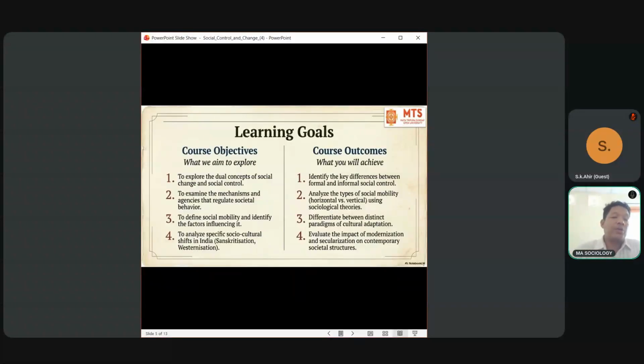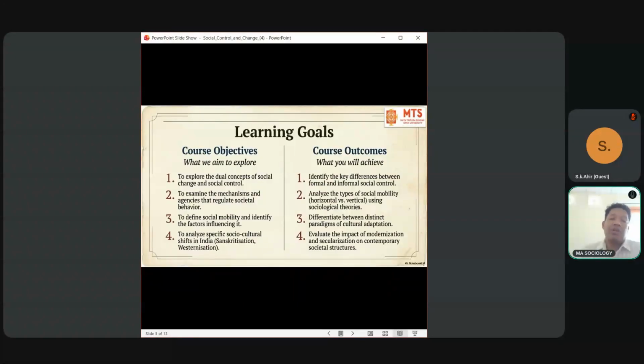To explore the dual concepts of social change and social control, to examine the mechanisms and agencies that regulate our societal behavior, to define social mobility and identify the factors influencing it, and to analyze specific socio-cultural shifts in India, such as sanskritization, westernization, and secularization. After studying these blocks, you will have an idea of how you have to approach society as an individual to understand it.